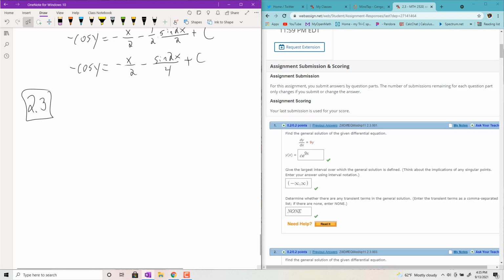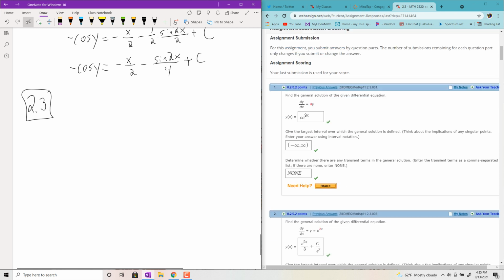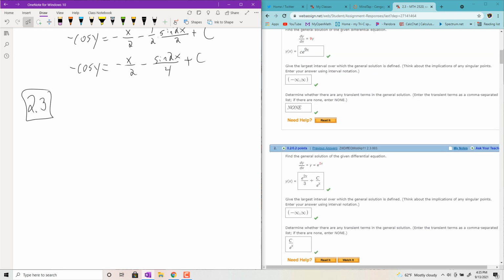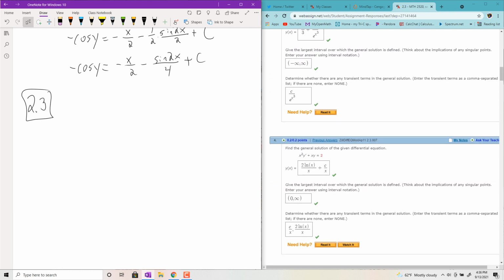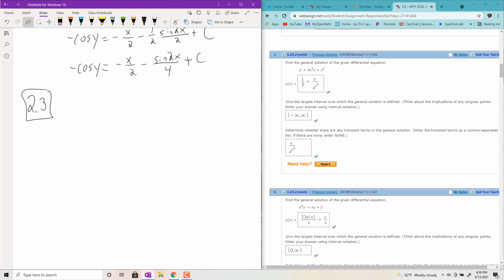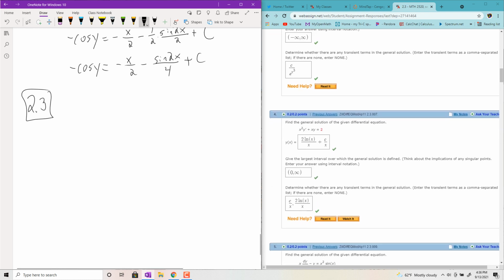So 2.3, we've got integrating factors, right? You also need to be able to identify the interval of definition for these, and that's just the interval such that p of x and f of x are continuous. Okay, so let's try, I guess, number 4. I'm not going to have you identify the transient terms or anything, just the interval of definition and the solution.